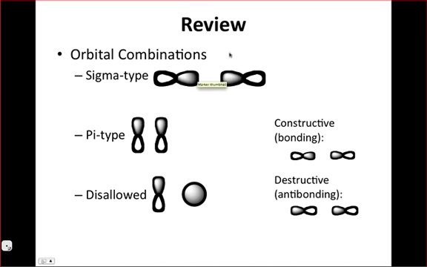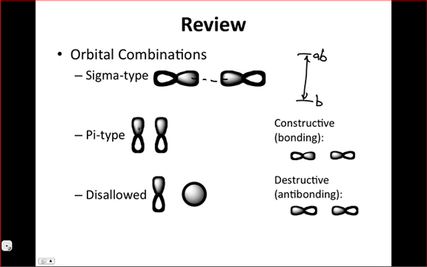They're coming directly at one another, and as a result we have what's called sigma type overlap. And let's say that combining these orbitals leads us to one bonding and one anti-bonding orbital with that energy difference between them right there.